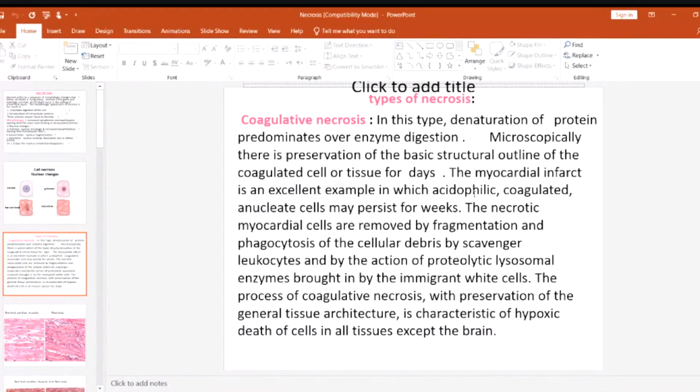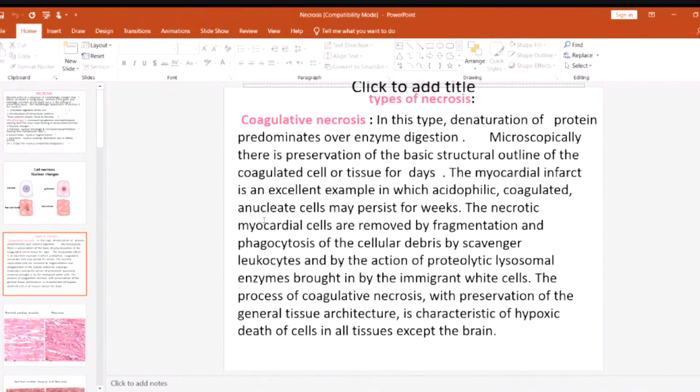The most common cause is a cut to the blood supply. After that there will be inflammatory cells, because there is necrosis and injury. Inflammatory cells come to clean the area and help in the process of repair.